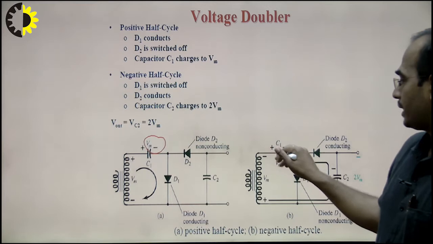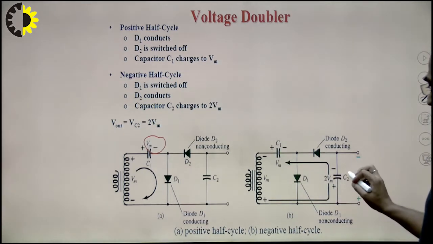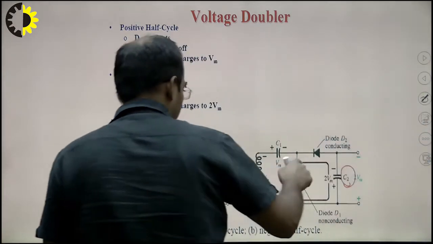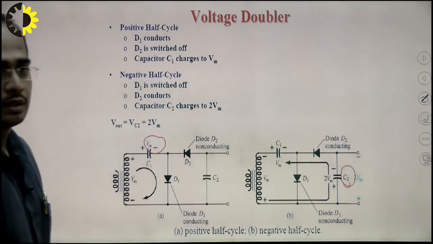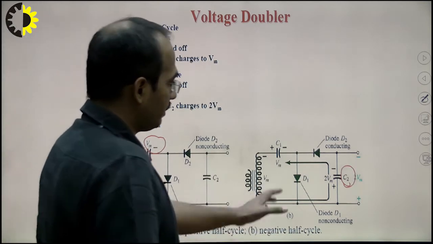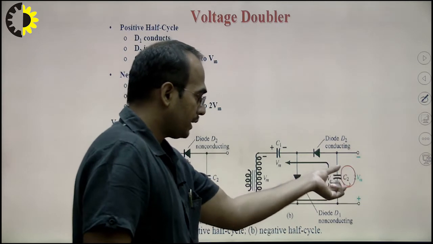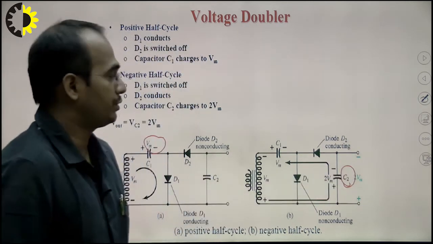This capacitor will work as a battery, and the charge stored in capacitor C2 can be found by applying KVL in this loop. When we apply KVL across this loop, we get that the voltage across this capacitor is twice Vm.